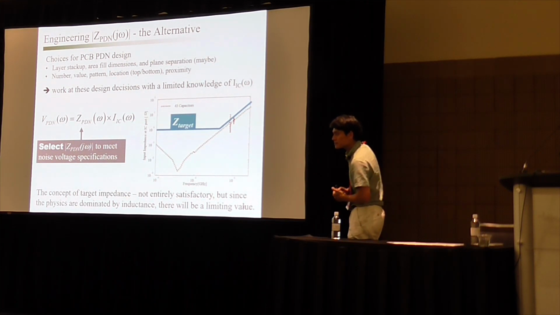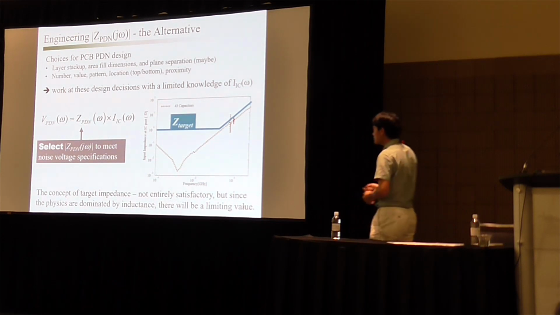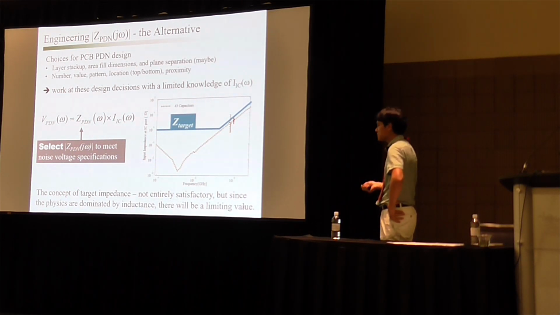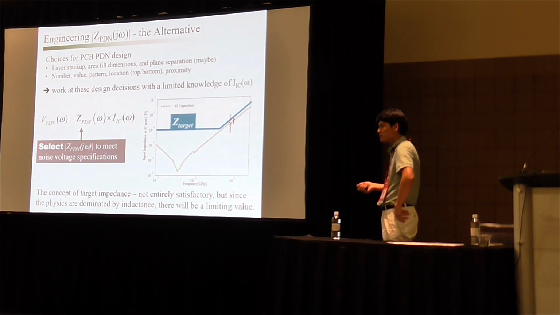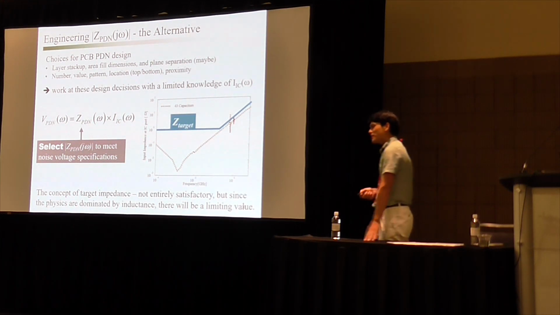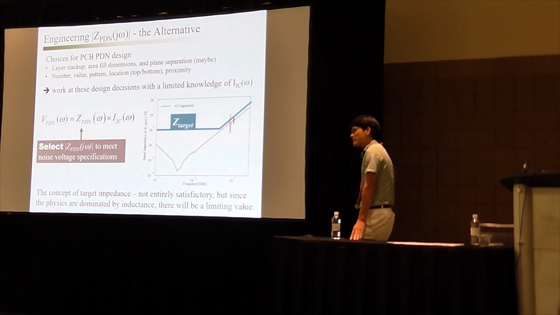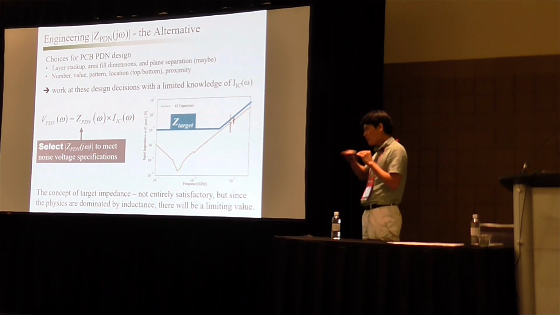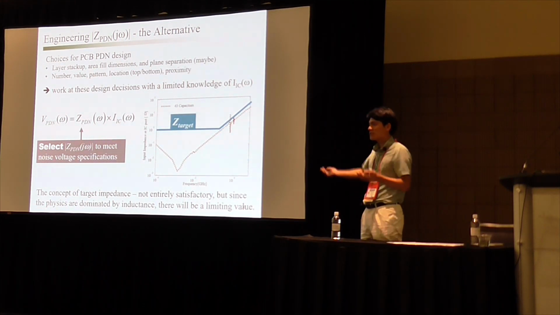So they are not the same physical quantities, but we define this target impedance in frequency domain. Question: why is the target impedance going up at 700 megahertz? Right, it's just because it's not needed anymore, it's so low for those frequencies. What you said is correct, and there are many reasons. One is it used to be flat, but if you use a flat target impedance, no design can actually satisfy it, because at some frequency, because of inductance, the impedance goes up. We cannot make the impedance flat all the way to maybe 100 gigahertz.